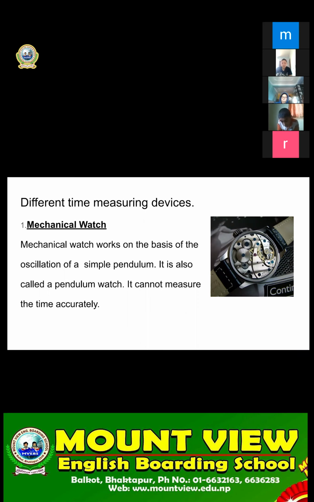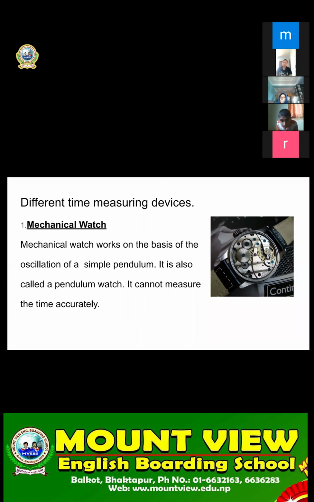The motion, also called oscillation, of the simple pendulum helps to calculate or record the time in that watch. Since it has a pendulum inside it, it is also called a pendulum watch. And among the watches, the pendulum clock, or mechanical watch, is less accurate. The time fluctuates in a day.